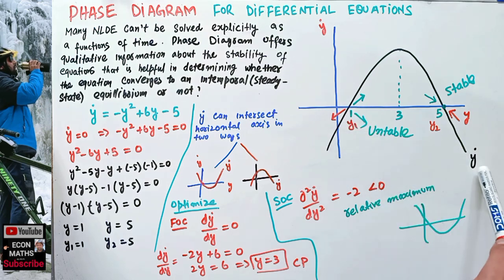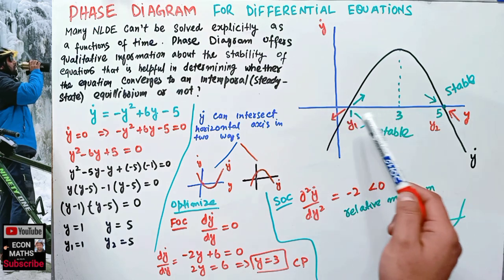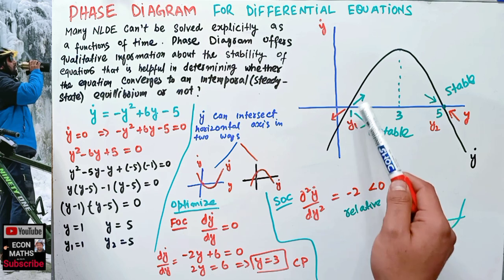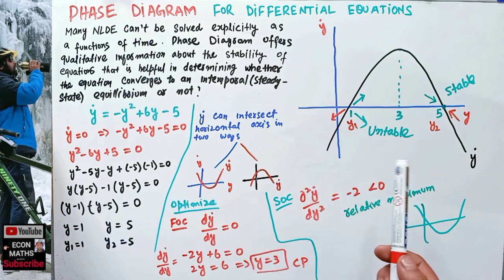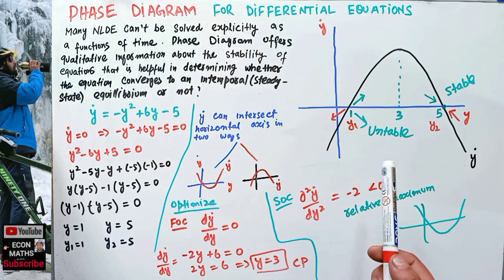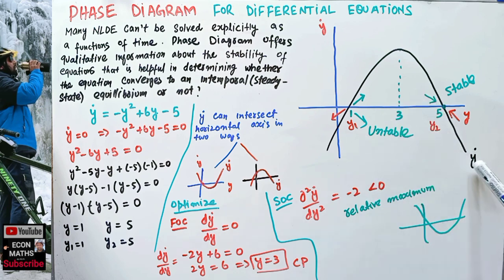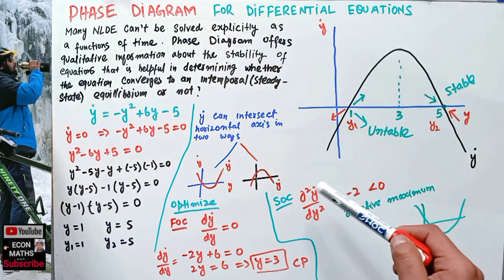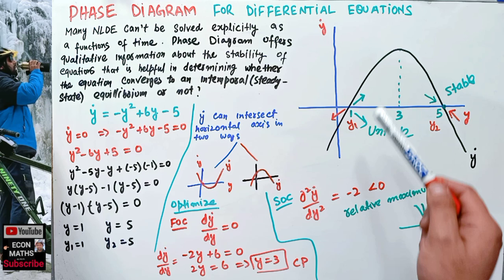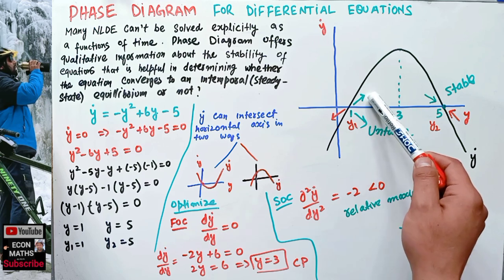Now we draw the graph here. Our y dot crosses the horizontal axis at 2 points, at y1 is equal to 1 and y2 is equal to 5. Now we want to find out the stability condition. Now we apply the rule: if the y dot graph lies above the horizontal axis, the arrows of motion point towards right.